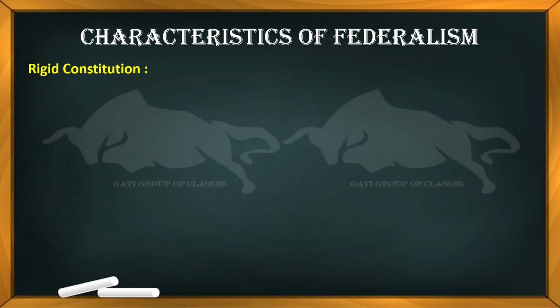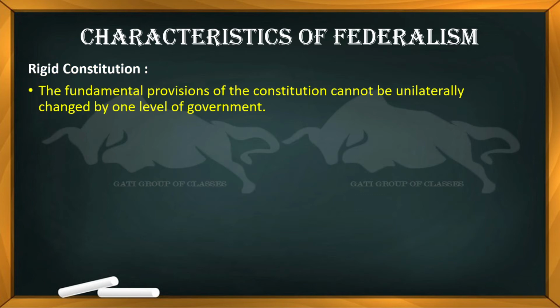Now the next is the rigid constitution. What is a rigid constitution? We know very well that our Indian constitution is partially rigid and partially flexible. The fundamental provisions of the constitution cannot be unilaterally changed by one level of government.